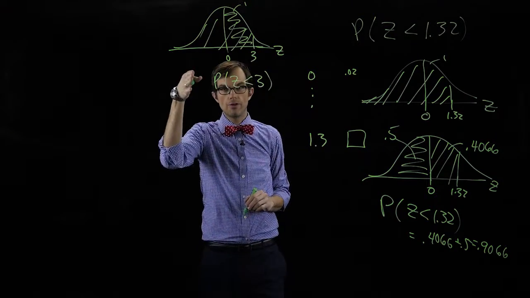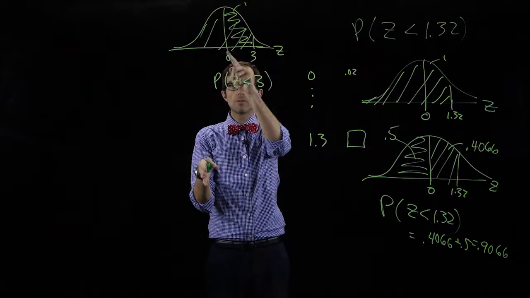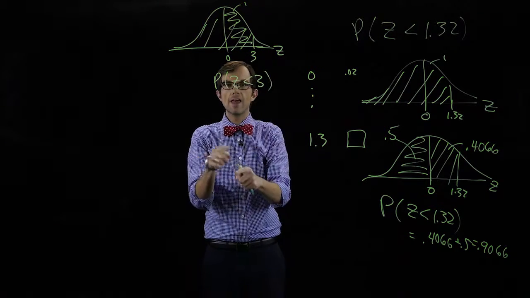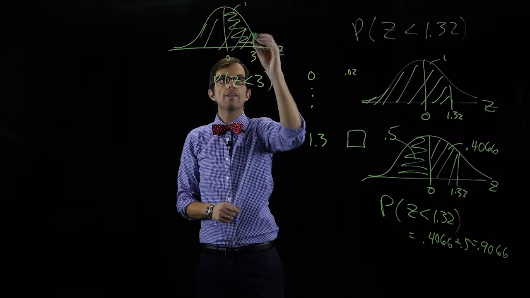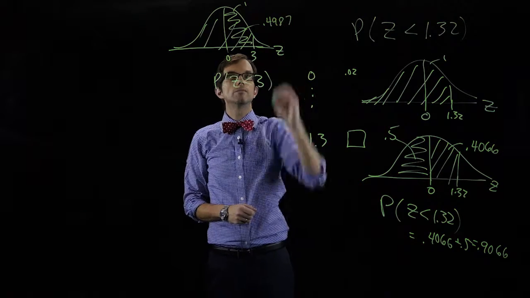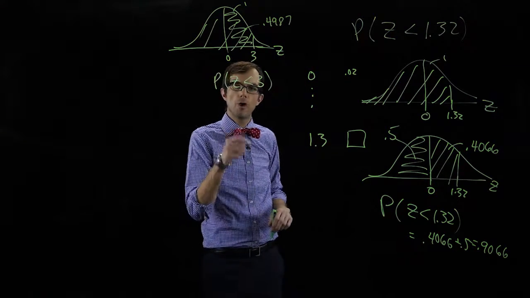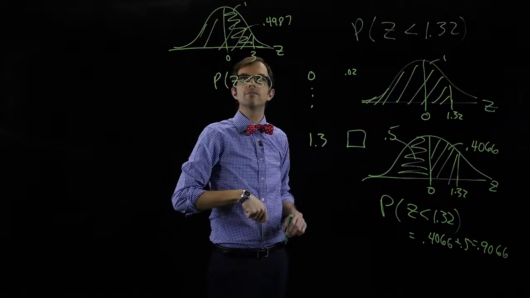So we go down to the row associated with 3.0, over to the column associated with 0.00. That intersection is this area between 0 and 3, and that area is 0.4987.